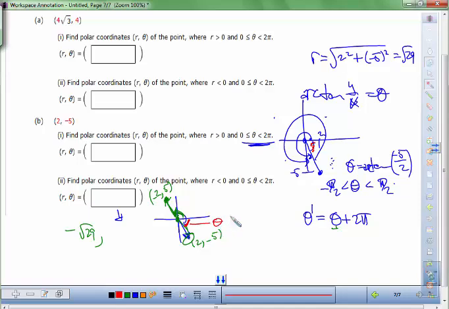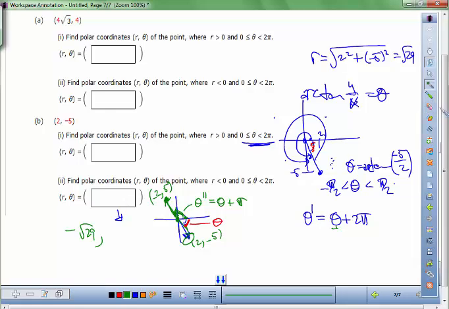What is the new theta? Let's call this theta double prime. What is this theta double prime that I want? It'll be the old theta plus pi. So we'll take arctan of -5/2 and add pi to it, and then we'll be pointing in that direction where we send our r backwards.